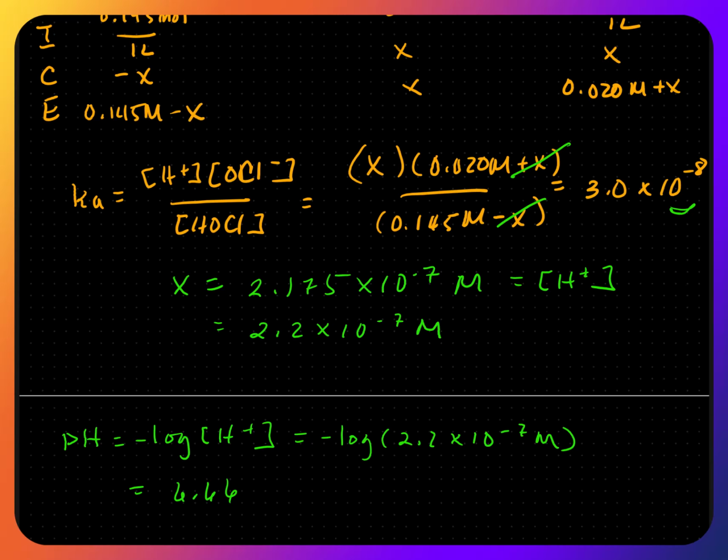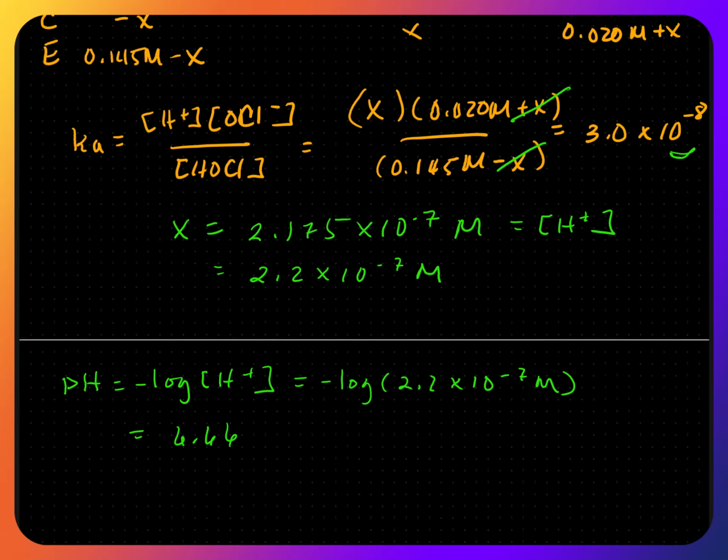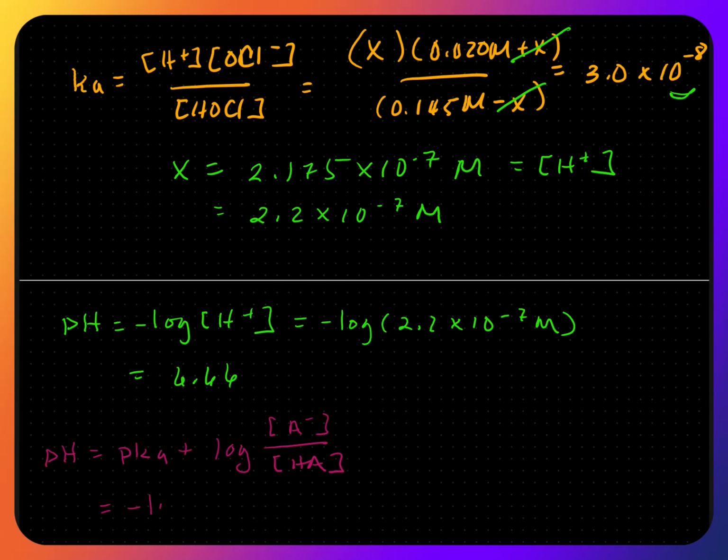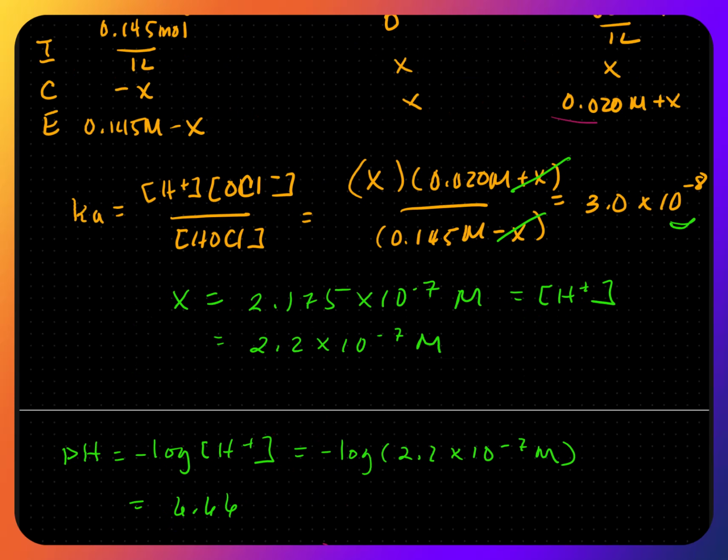I'm going to also calculate this using Henderson-Hasselbalch. pH is equal to pKa plus log of its conjugate base over its weak acid. So pKa is negative log of my Ka, which is 3.0 times 10 to the negative 8th, plus the log of my conjugate base at the ICE table, and we could ignore the X because our exponent is so large.